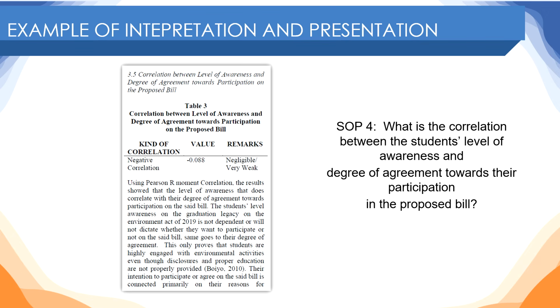So the bottom line is your research problem is your guide. Okay. For every table or graph that you are going to have for your interpretation and presentation, you need to ask, what research question does this answer? And also, what does the result tell us? What we mentioned, presentation is different from interpretation.